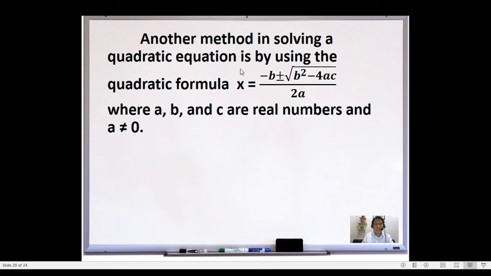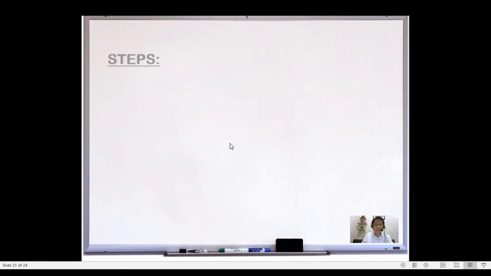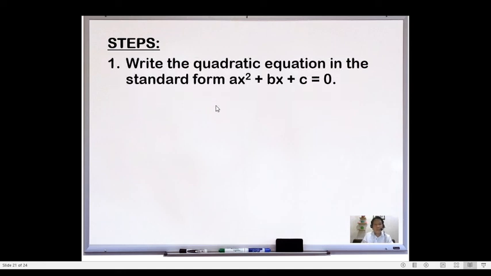Take note that the quadratic formula can solve any type of quadratic equation. So here are the steps in solving a quadratic equation using the quadratic formula. Our first step, write the quadratic equation in the standard form ax squared plus bx plus c is equal to 0.